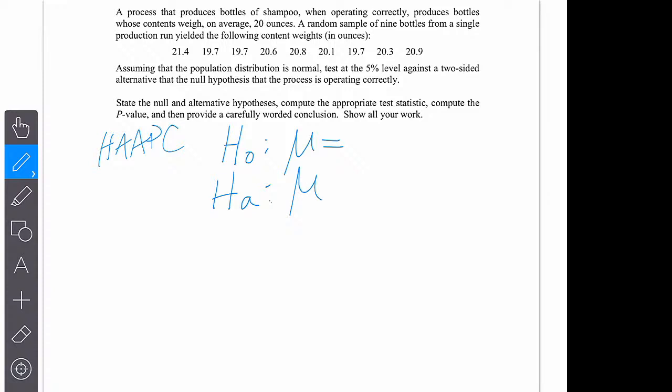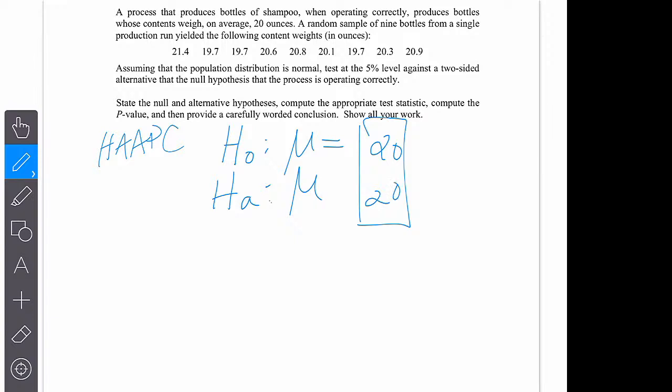Whatever I put up here, I put up here. So that's the population mean. And whatever number I put here, I also put here. To operate correctly, they should be on average 20 ounces. So that's the number I'm going to put here.